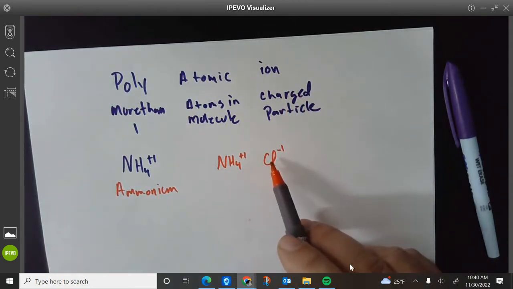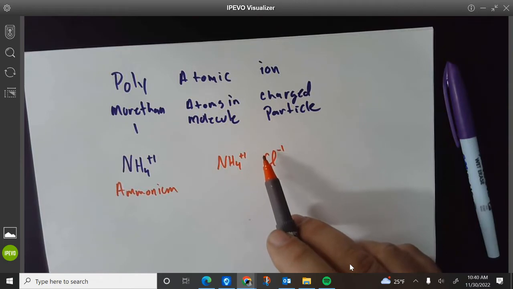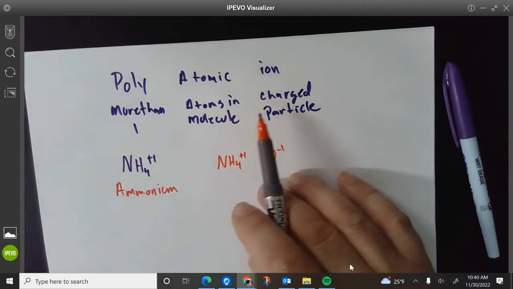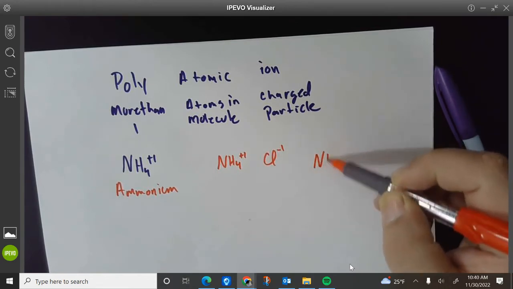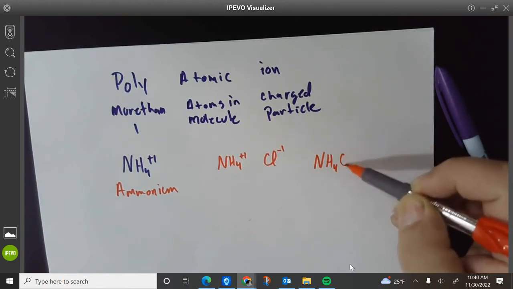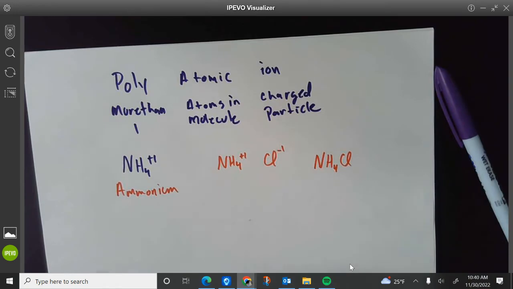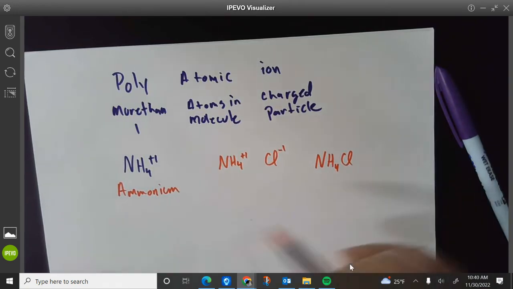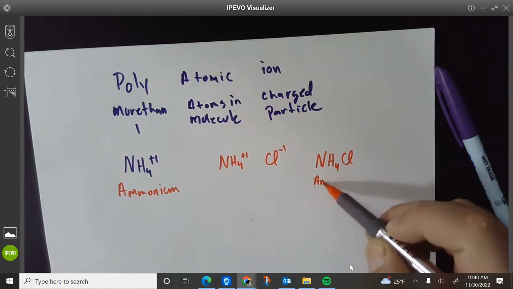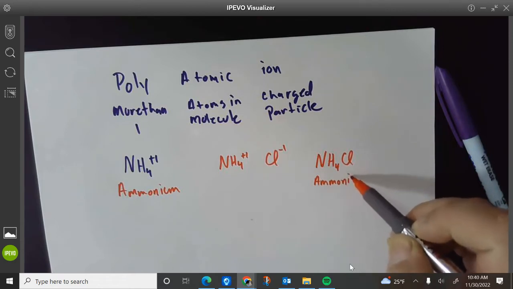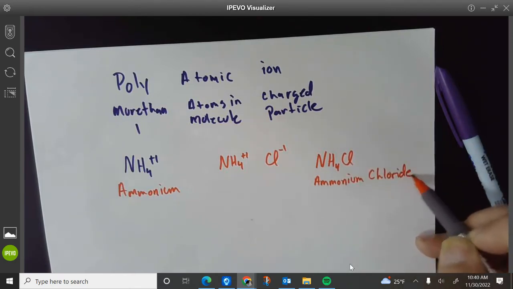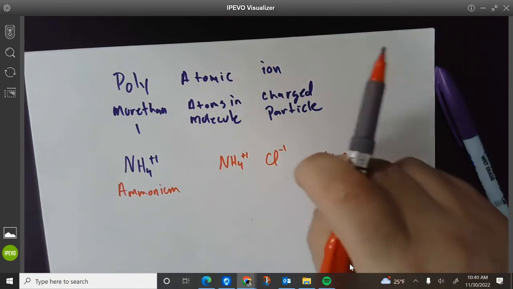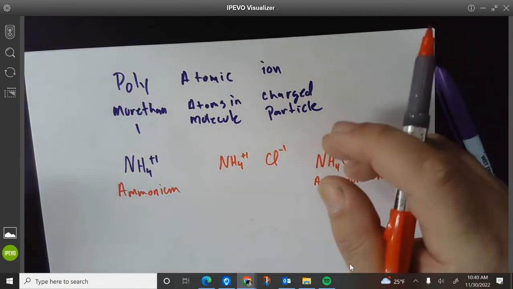They're the same, right? +1, -1. So that ratio is already done for us just because I have +1, -1. So the formula is just NH4Cl. And what would I call this? I would call this ammonium chloride.